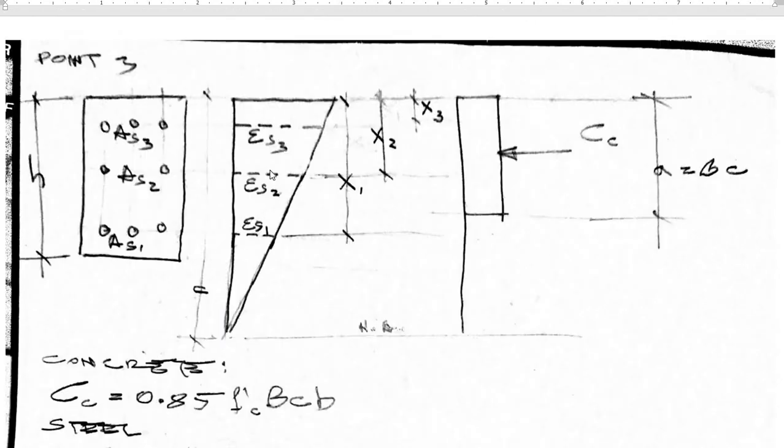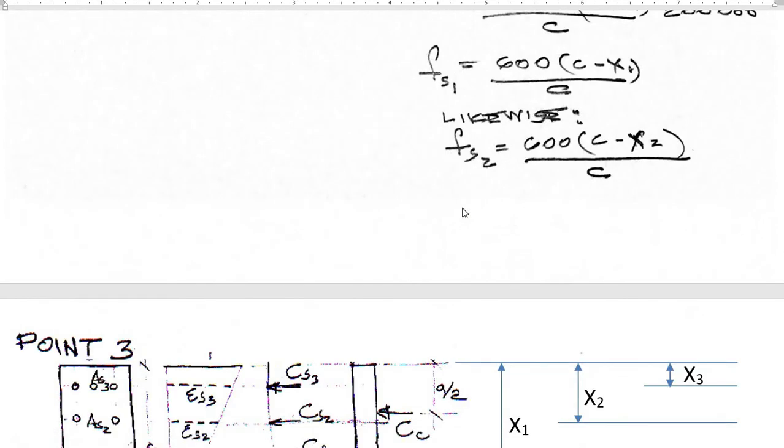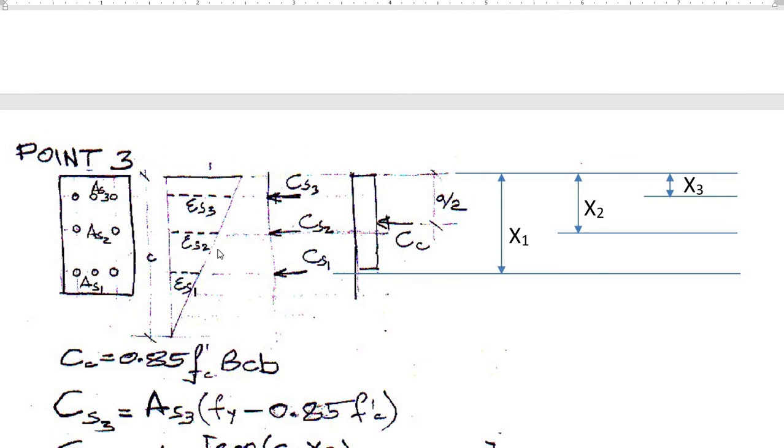Next is, we will now add all these forces. Okay? Ito na siya ngayon. So, nakalagay na dito ngayon yung compression steel 3, compression steel 2, compression steel 1, tsaka yung compression concrete.